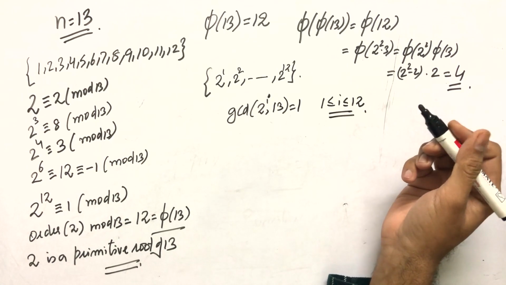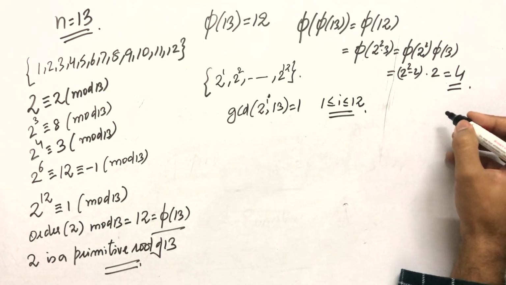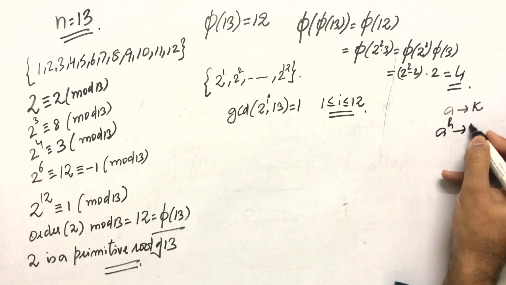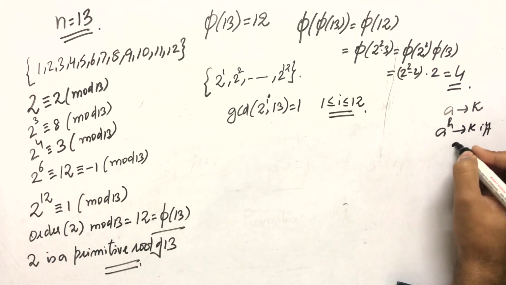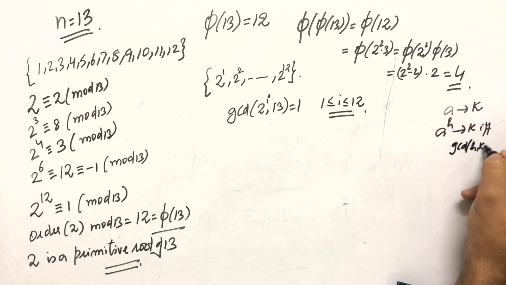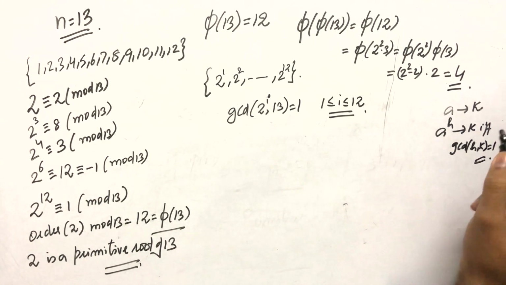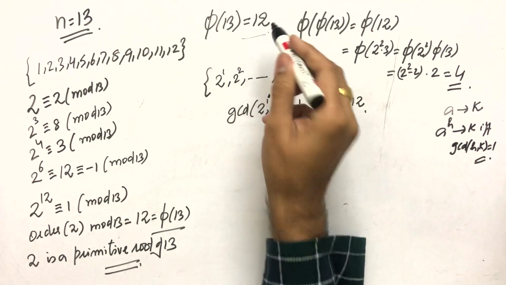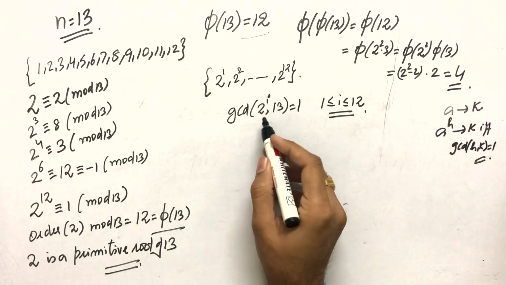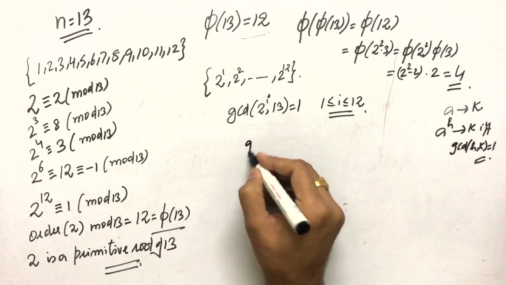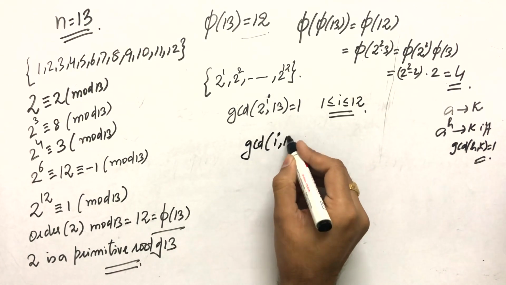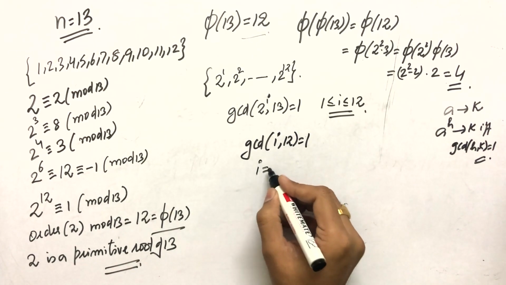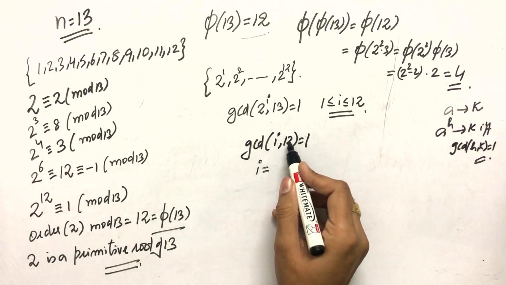Now again, using the same method, if a has order k, a power h has order k if and only if GCD of h and k is 1. So here, how much is the order required? 12. The order required is 12. That means the order of 2 power i is 12 if GCD of i and 12 is 1 for i from 1 to 12. Then what are the possibilities for i to be relatively prime to 12?